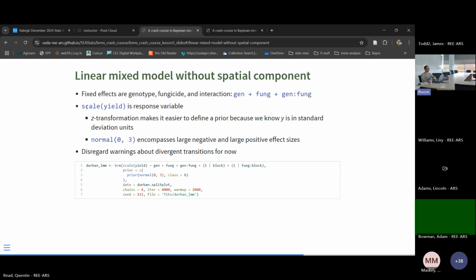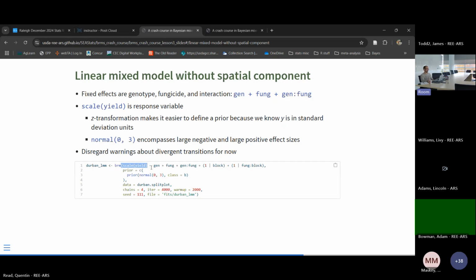And this is just another way to scale the variable; you don't have to pre-standardize it. You could actually scale the response variable within the model itself by putting scale around it, so you don't have to create a new column.